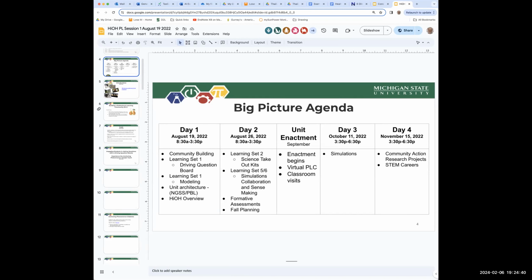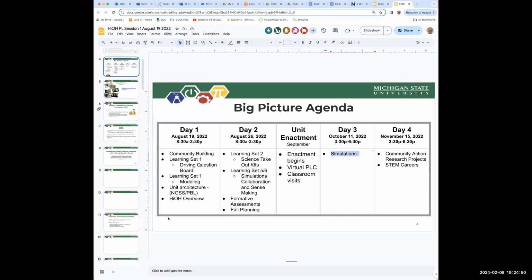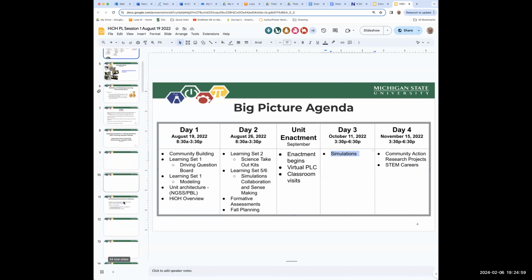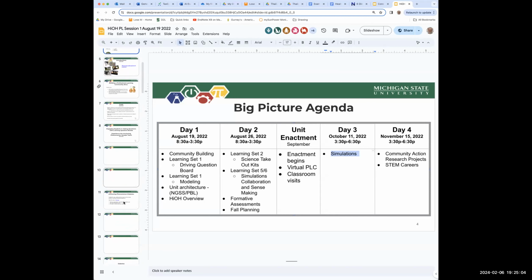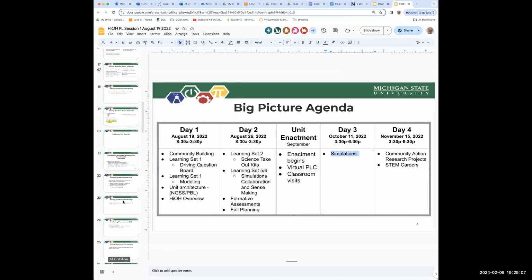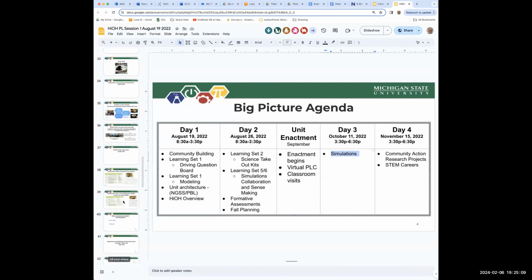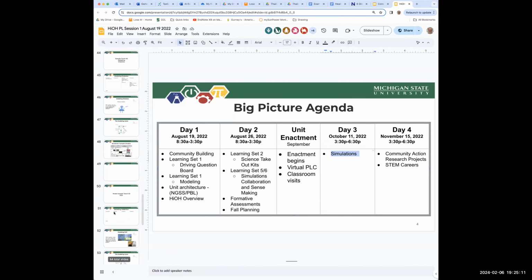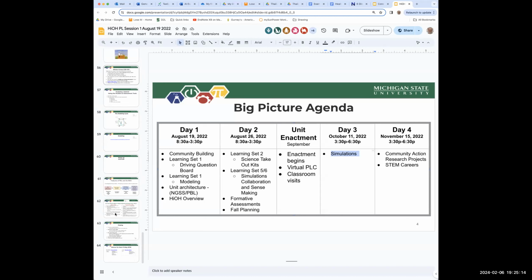Consuelo, what do you mean by simulations? Oh, so in the unit, in learning set 4 and in learning set 5, there are computer simulations that the students use, and one of them in learning set 5 is on sand rats, and it's a little bit complicated.